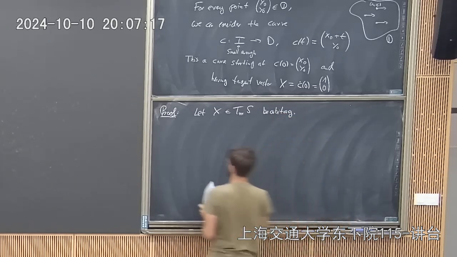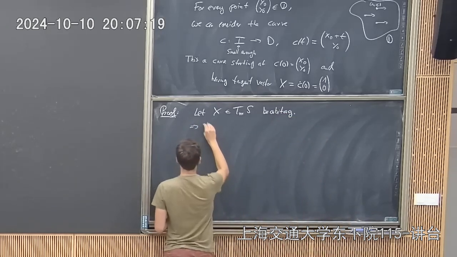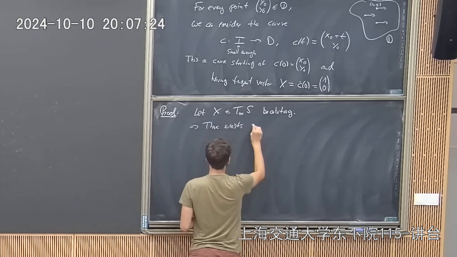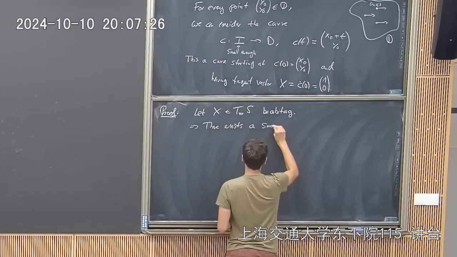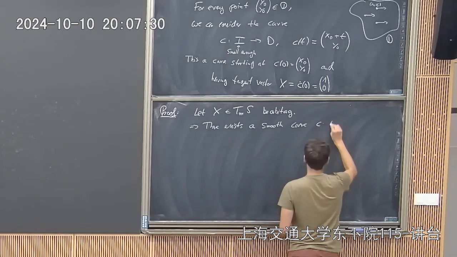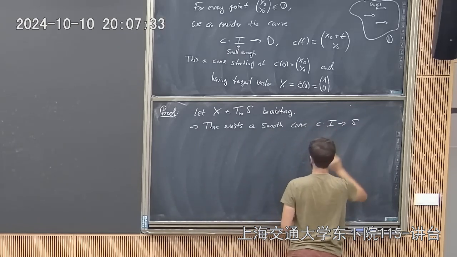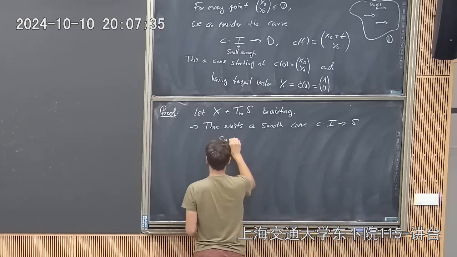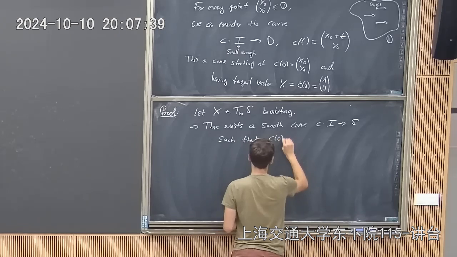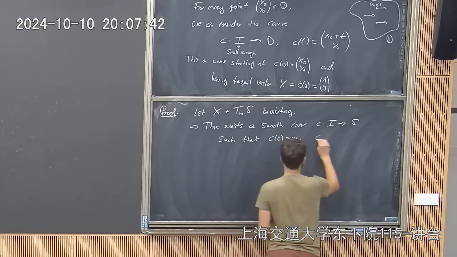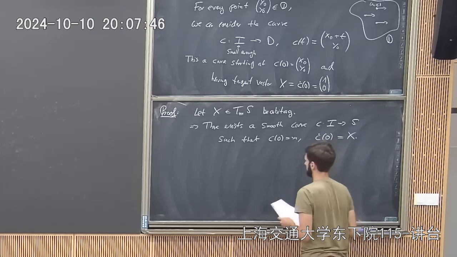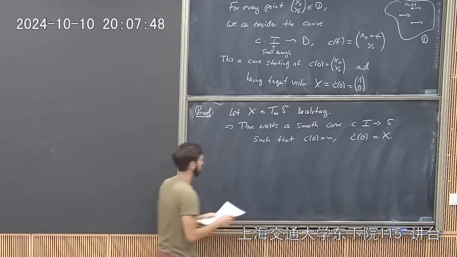Because it's a tangent vector, we know that there exists a smooth curve in S such that it starts at a point and the first time derivative at 0 is exactly the vector that we started with. Because that's the definition of a tangent vector.